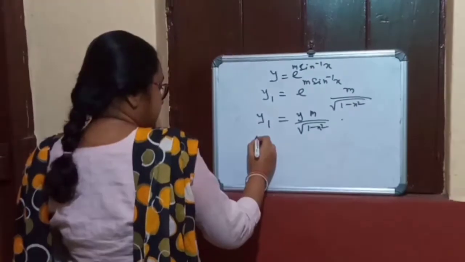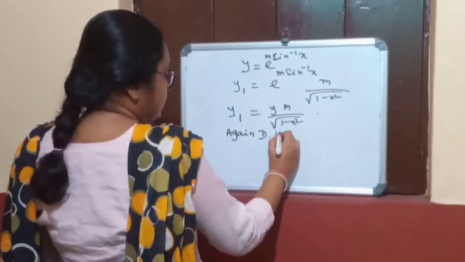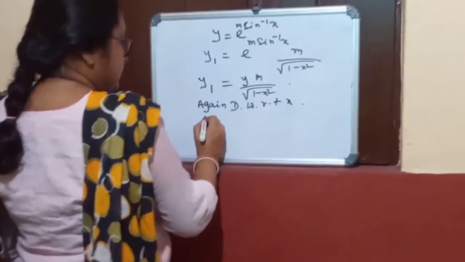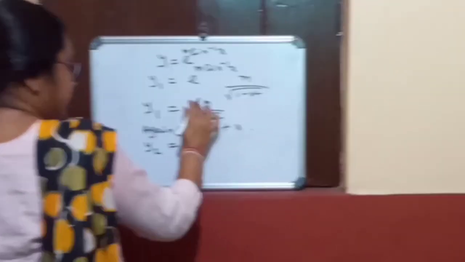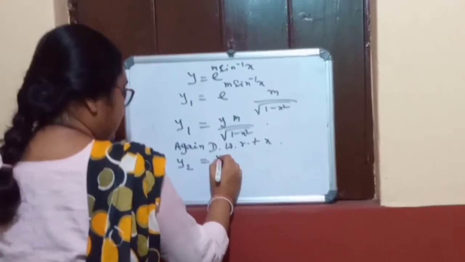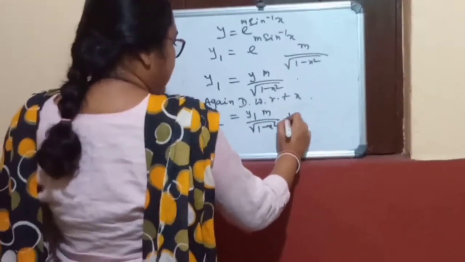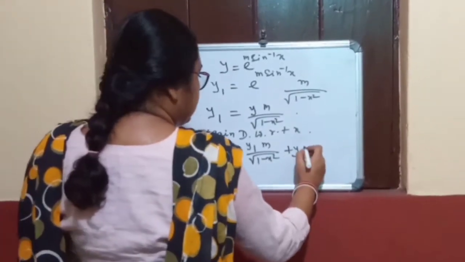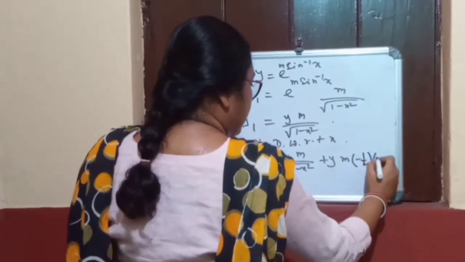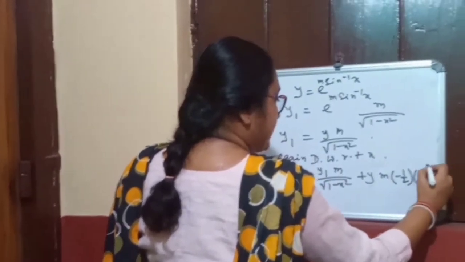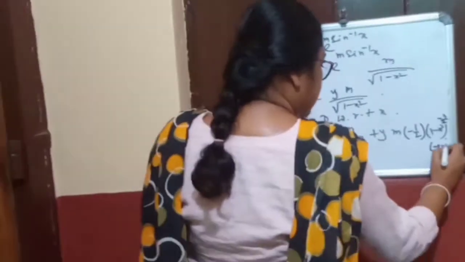Now the second derivative, again differentiating with respect to x. This is equal to y2, and on the right, the derivative of y is y1, and this part is constant, and y is constant. The derivative of this portion is m into minus half into 1 minus x square to the power half minus 1, minus 3 by 2, into minus 2x.